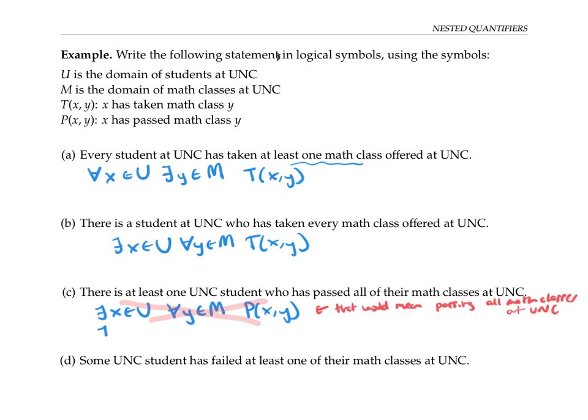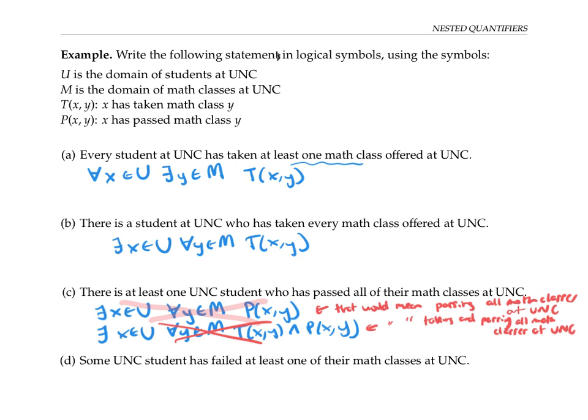So second try, I might write there exists a student such that for all math classes, T of xy and P of xy, but that's not correct either. That would mean that they'd taken and passed all the math classes that are offered at UNC. We're only saying that they've passed all the math classes that they've actually taken.